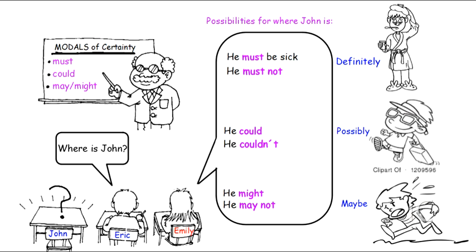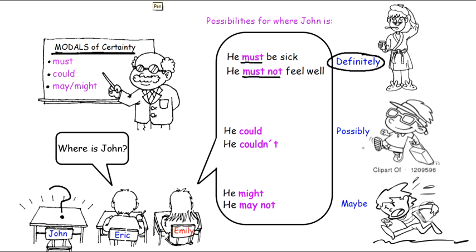She's almost 100% sure about what she's saying. Or she can use the negative, and she can say, well, he must not feel well, okay? So we're using must, and we're using must not to indicate that we are almost 100% sure that what we're saying is true. So it's for when we're thinking things that we're definitely sure about.